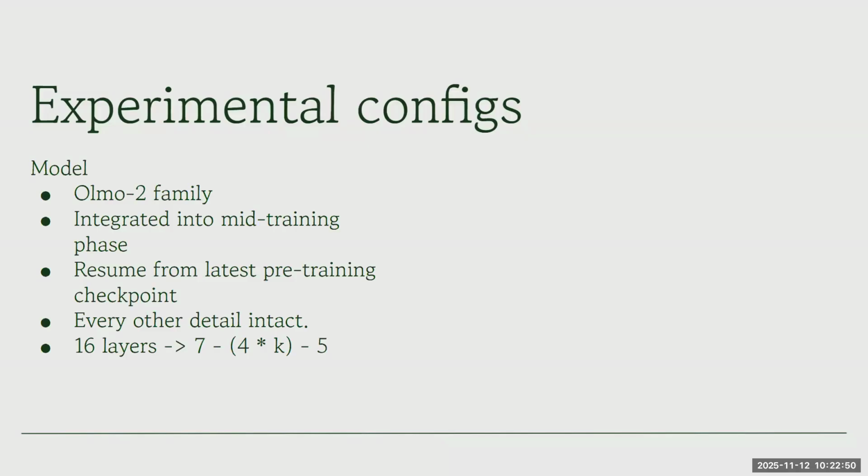The OLMo 2 family, I think from Ai2, if I'm not mistaken, basically has a series of checkpoints for the different phases, pre-training, mid-training, and post-training, and you have the training data they used. So you can basically resume the training process from any point. Now, the interesting thing is there was no special data set, there was no special curation of data set or anything. It was the same data that was used for the OLMo 2 mid-training.